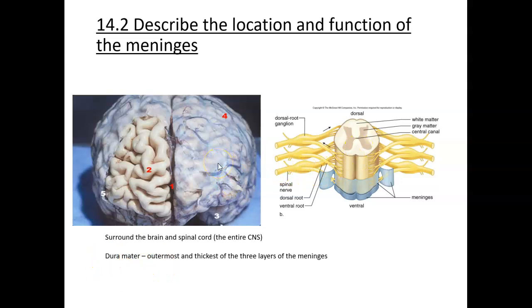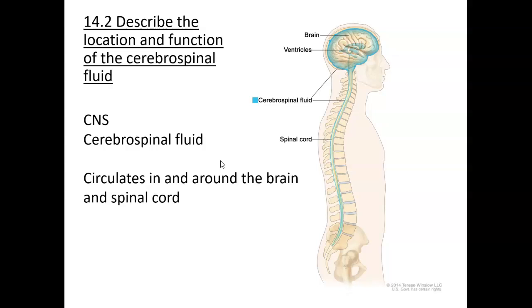So, to expand on that, just to give you a little more information, I want to go to the next learning outcome. It says, describe the location and function of the cerebrospinal fluid. And I wrote here CNS. This is part of the central nervous system. And the cerebrospinal fluid can be called CSF.